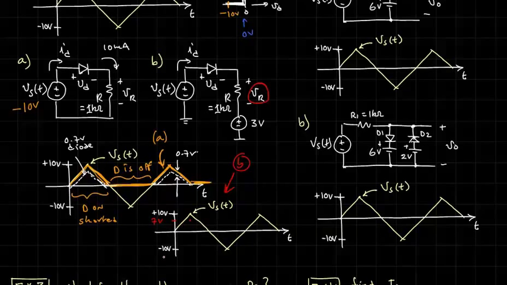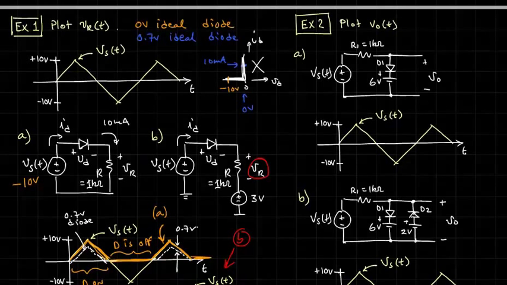And if Vs goes to 3 volts, then the voltage across R will be 0. So we get this shifted curve that looks like this. The peak is going to be 7 volts, and this point here corresponds to Vs equal to 3 volts.